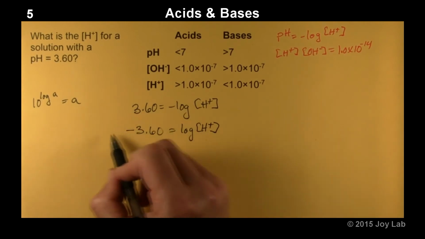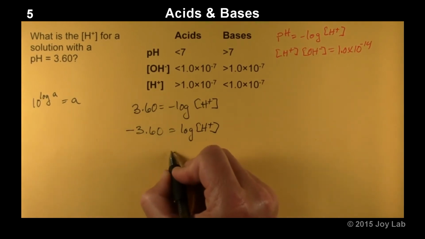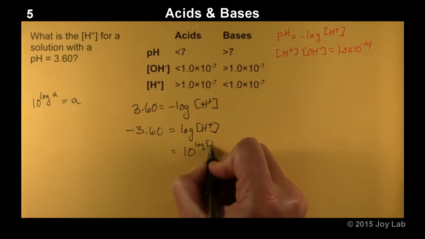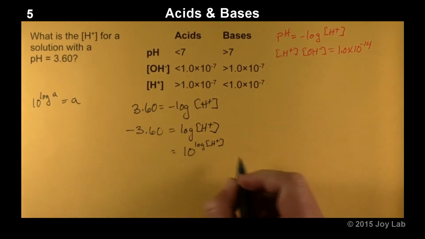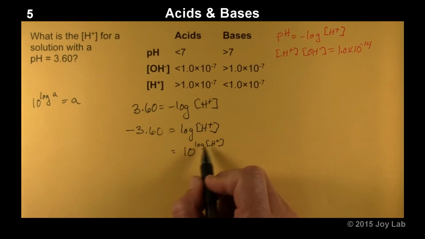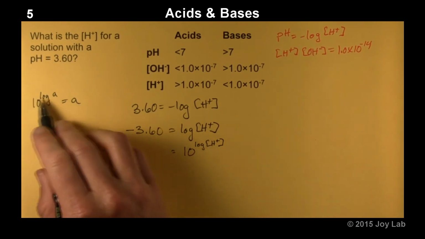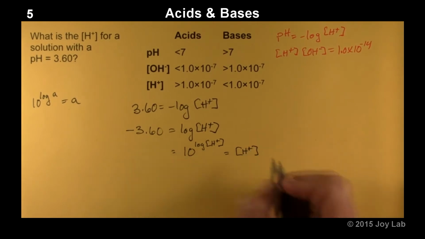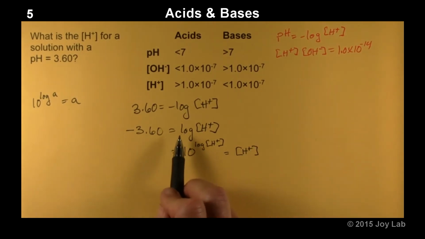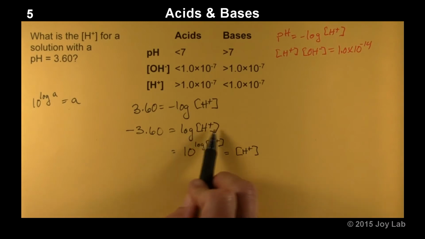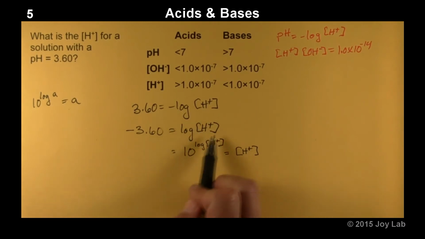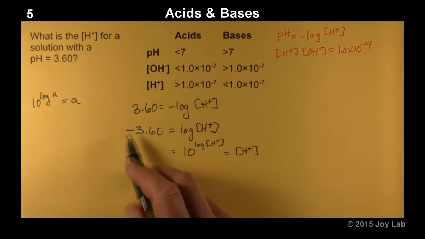If I apply that, 10 to the log of the hydrogen ion concentration, well, 10 to the log of A is equal to A, so that's equal to the hydrogen ion concentration. Remember in algebra, whatever we do to one side, we have to do to the other. So if I did 10 to the log of this, I'm going to have to do 10 raised to this power.